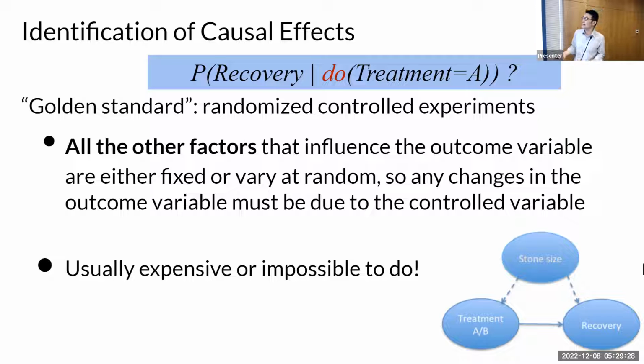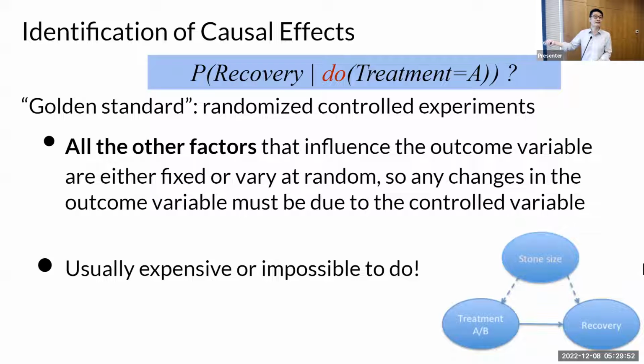Of course, if you can do so, it's nice. You can have some quantitative measure, but this method clearly has some drawbacks. First of all, it's really hard to achieve. How can you guarantee that all those remaining features have the same value or the same distribution across different groups? In many situations, there could be a lot of common causes.